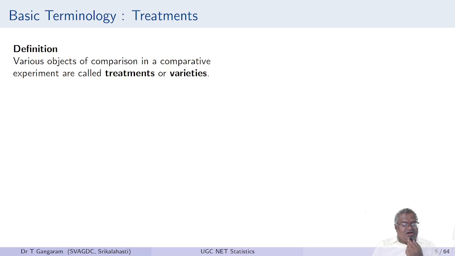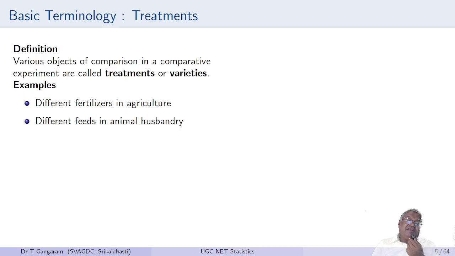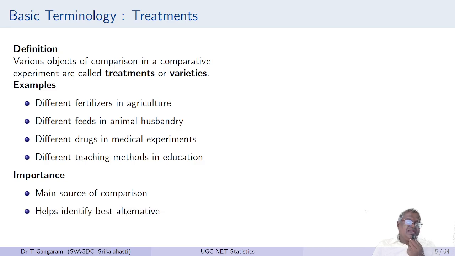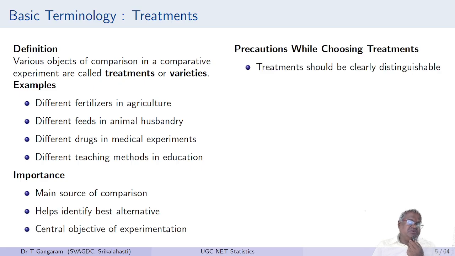These are the objects of comparison under study, such as different fertilizers in agriculture, different drugs in medical trials, different feeds in animal husbandry, different teaching methods in education, etc. The most important point is that the main source of comparison is the treatment. It helps identify the best alternatives. The central objective of the experimentation is the treatment or variety.